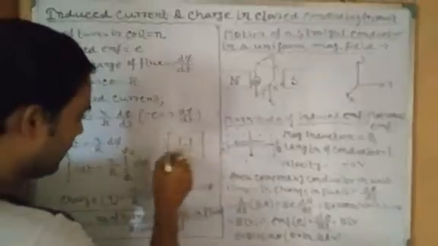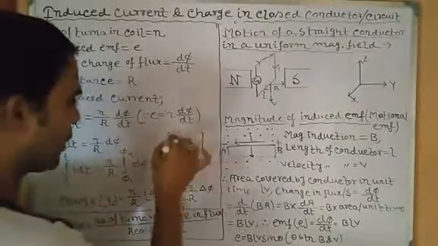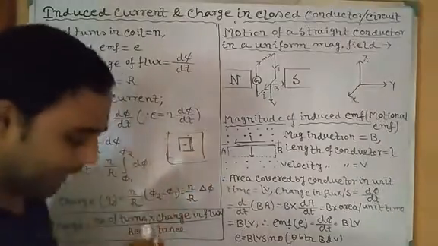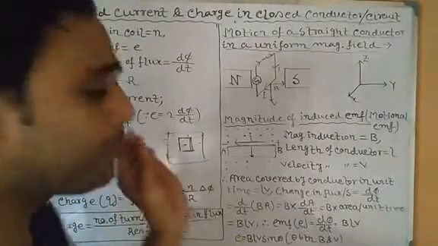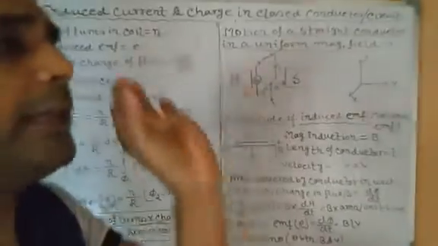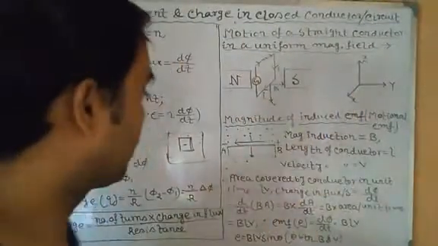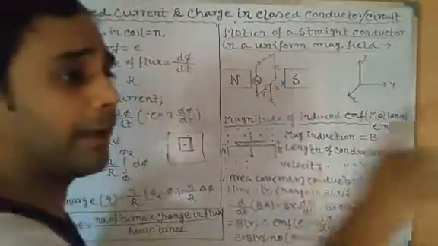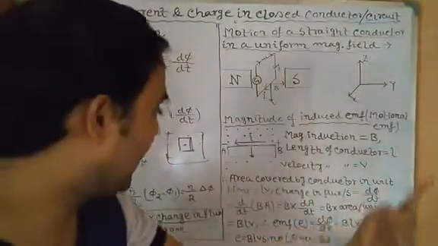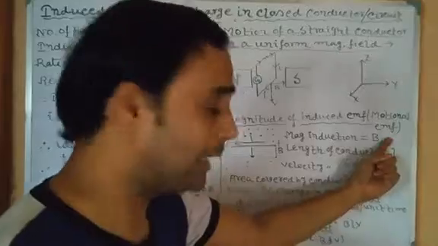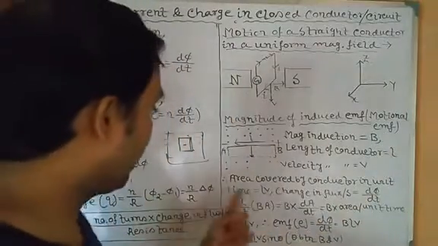If we place a coil and consider so many points here, then in one point if we consider a unit area, the number of magnetic field lines crossing per unit area is called magnetic induction, whereas flux is the total number of magnetic field lines crossing through the entire area. So for unit area the number of magnetic field lines is B, and for A, since A is the total area, it is BA.